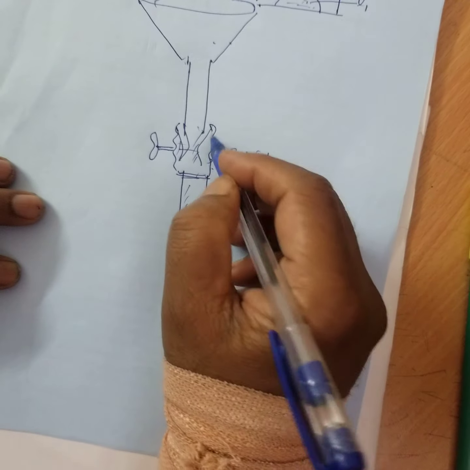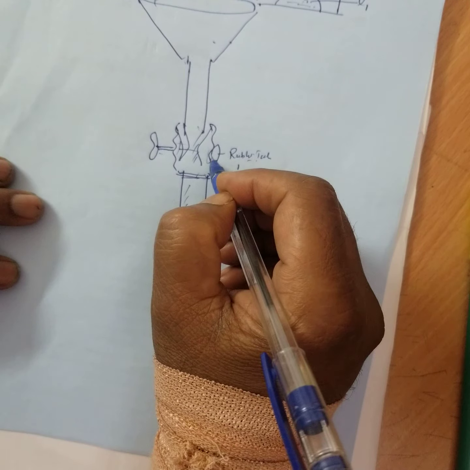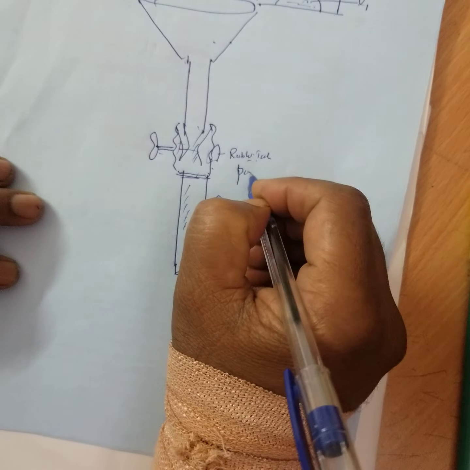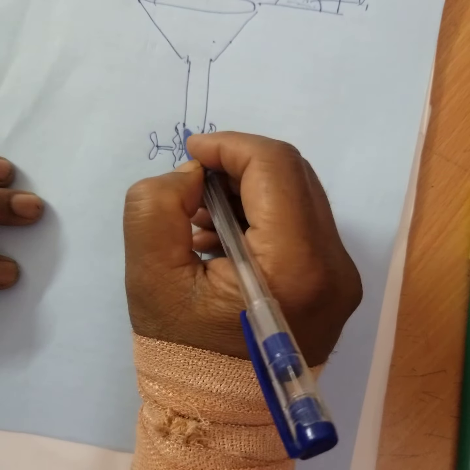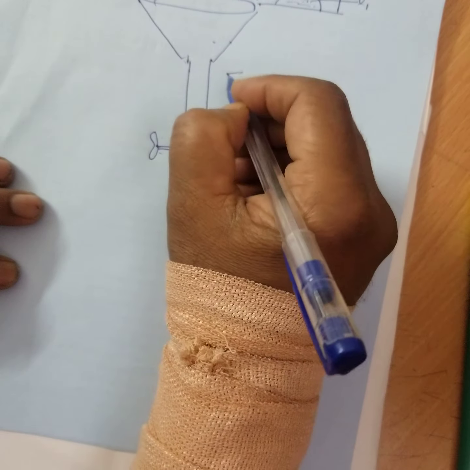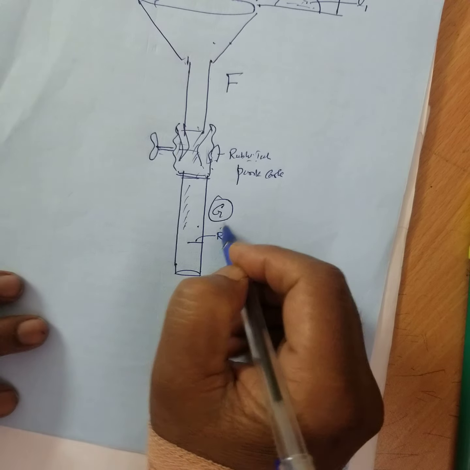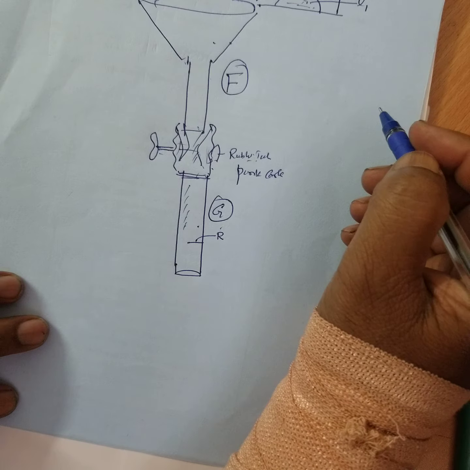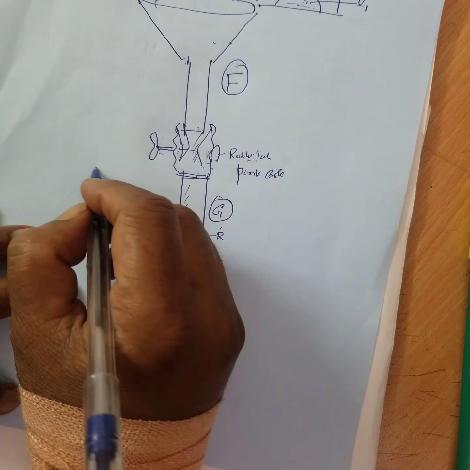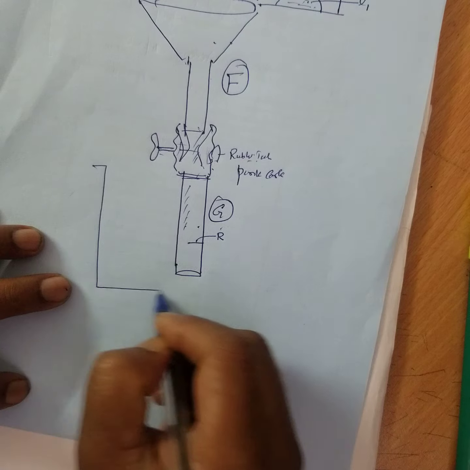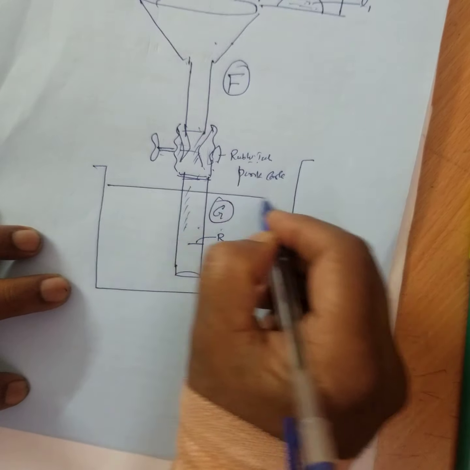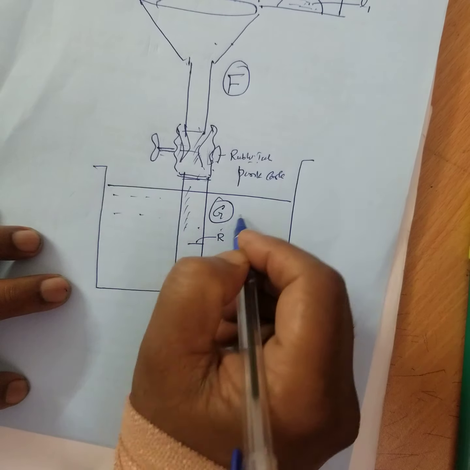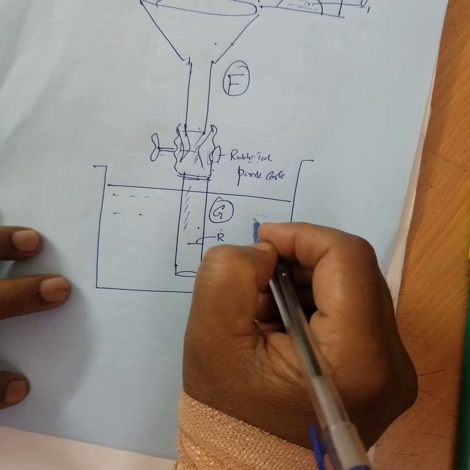Now this rubber tube with screw or pinch cork is connected with a funnel and the glass tube. F is the funnel. Now this glass tube should be immersed in kerosene.